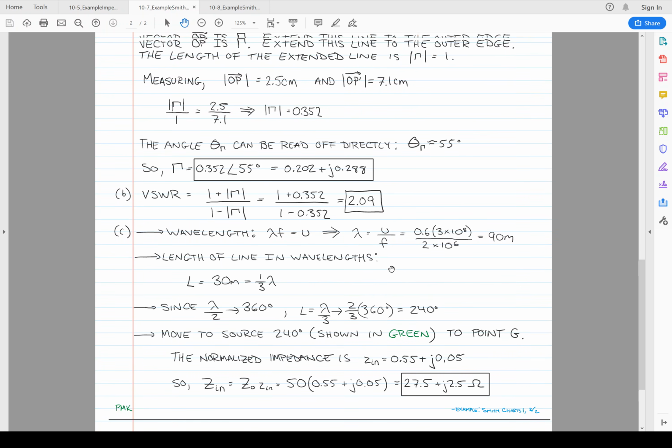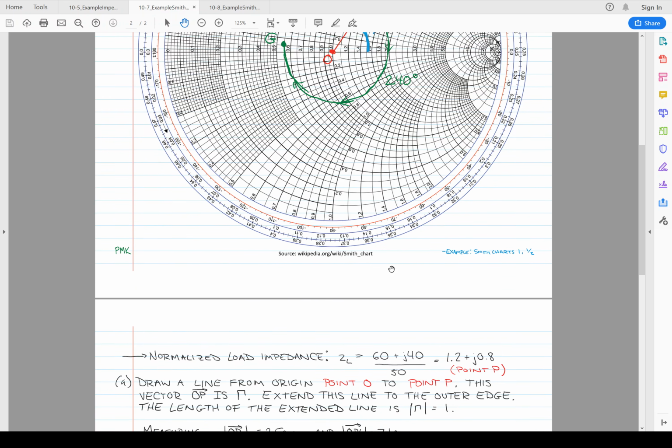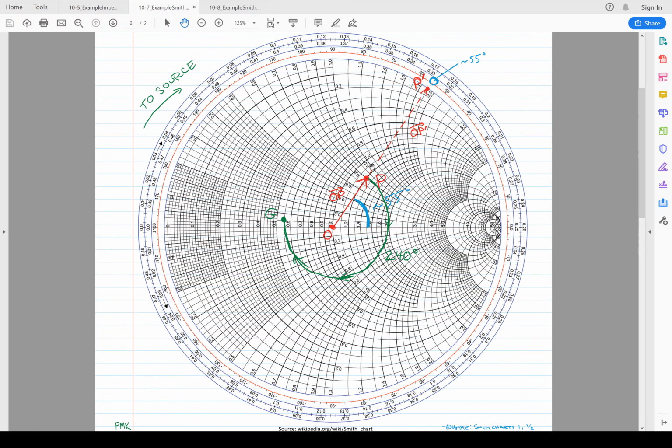So what we're going to do, and I'll come back up here to the Smith chart, is take point P and rotate towards the source, because we want to know what impedance the source sees. Here's the impedance at the load, point P. Now we're going to move towards the source, so we go clockwise 240 degrees approximately.